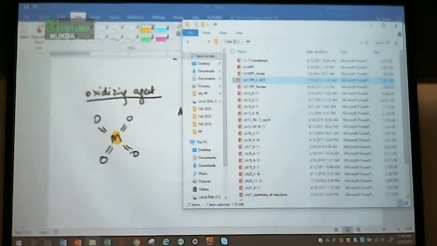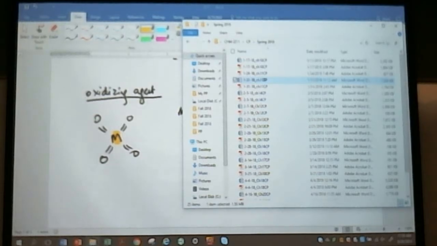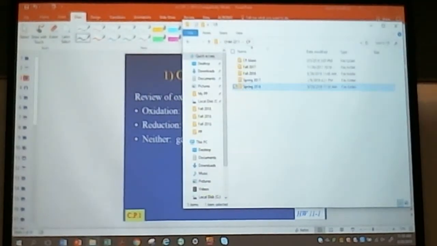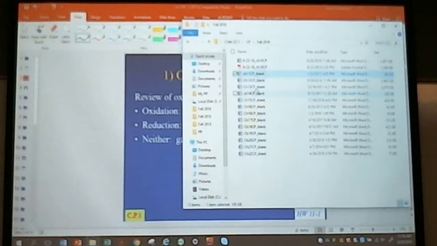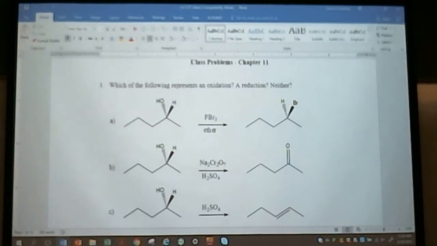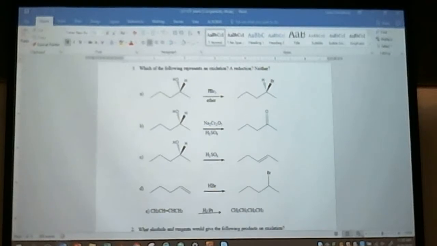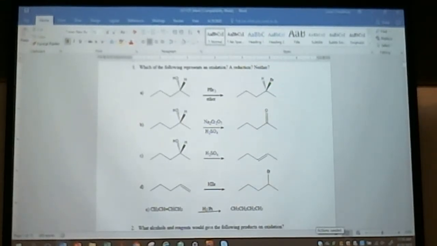So let's look at problem 1 here. For each of these reactions, I want you to tell me whether I have an oxidation, a reduction, or neither.